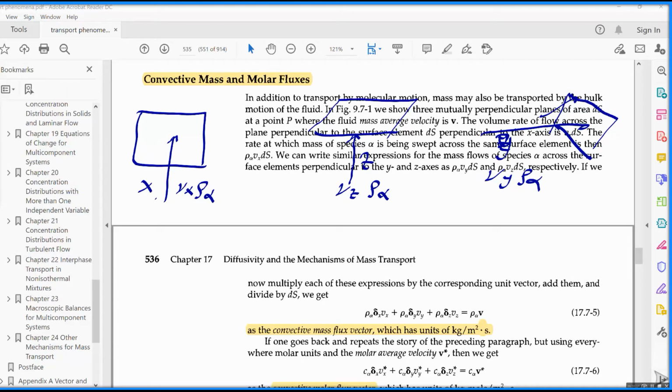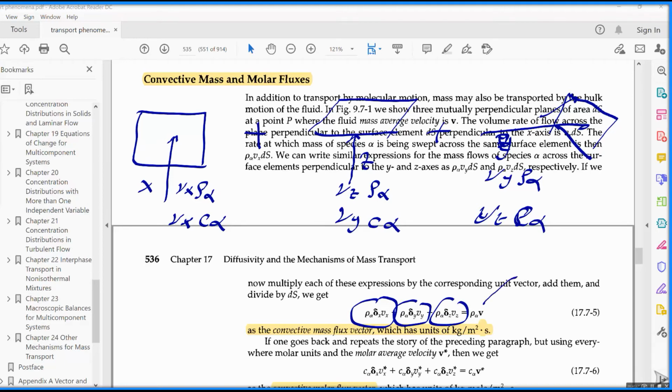Again, for the molar flux, we can define Vx multiplied by C alpha, Vy multiplied by C alpha, Vz multiplied by C alpha. We call these the convective mass or molar fluxes. As we see, this is the summation of these three terms: the x direction, y direction, and z direction.